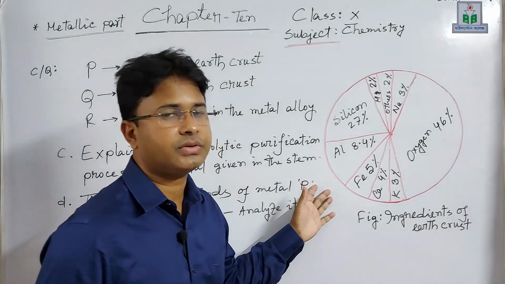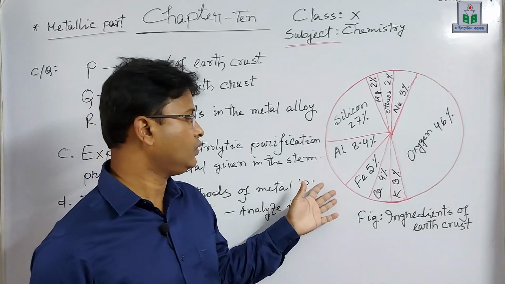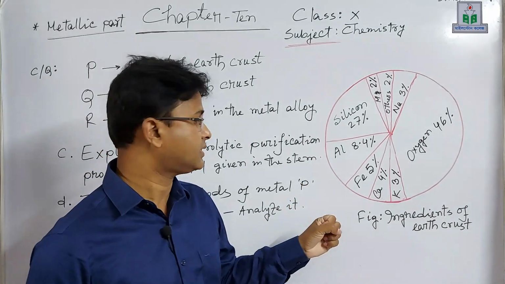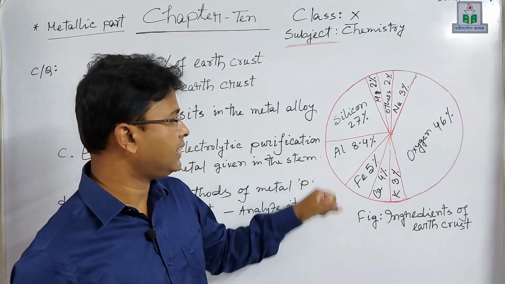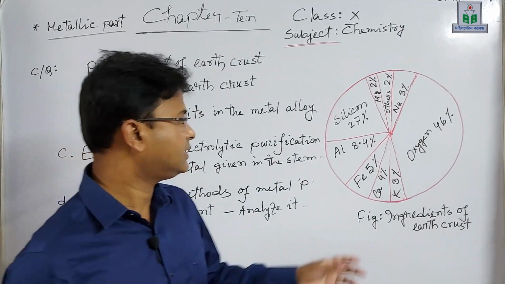Dear students, first you have to know the percentage of ingredients of the earth crust. Look at the whiteboard. I am showing you a pie chart of different ingredients of the earth crust.